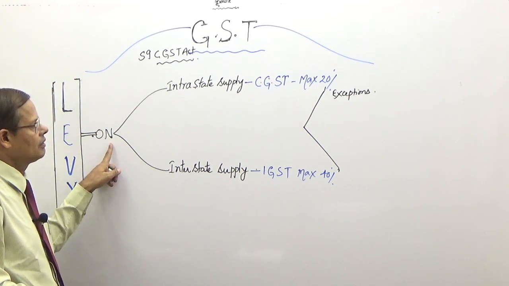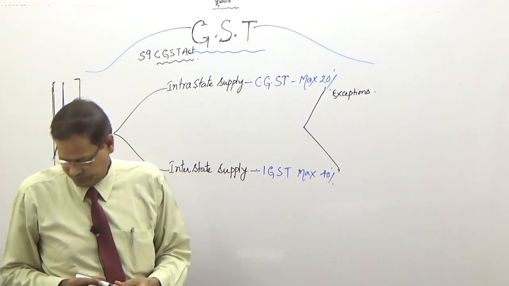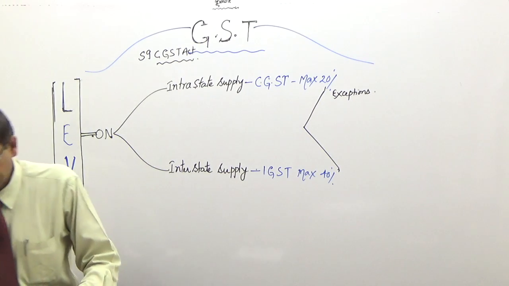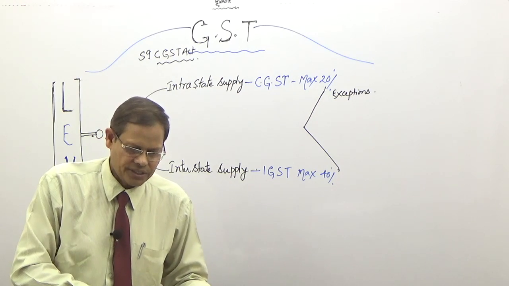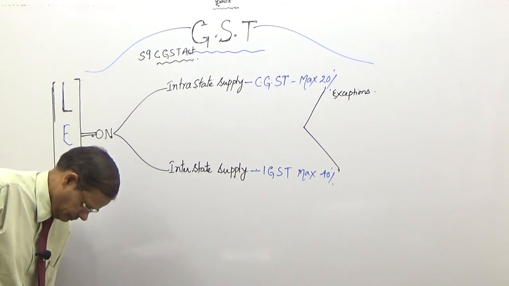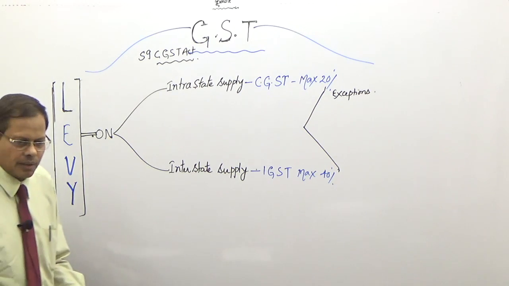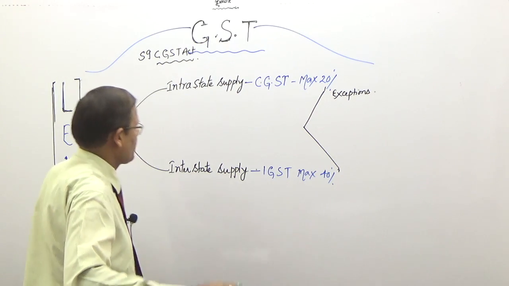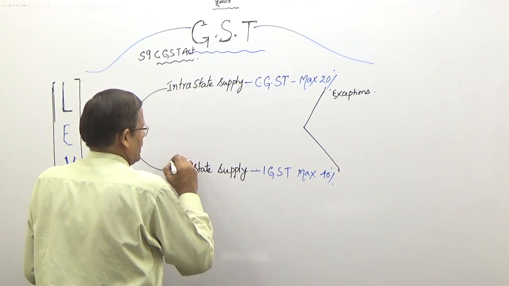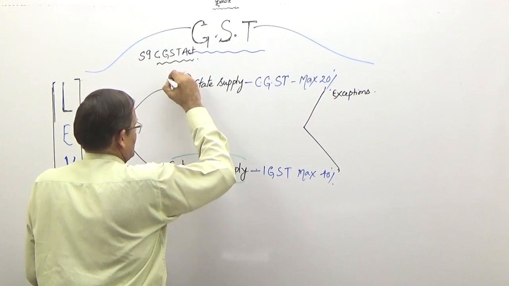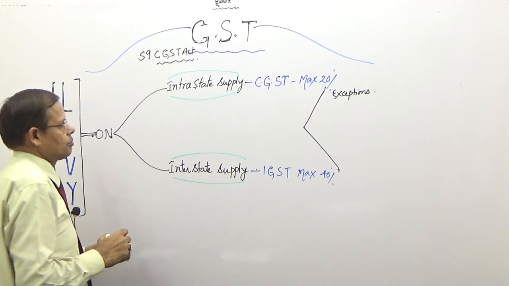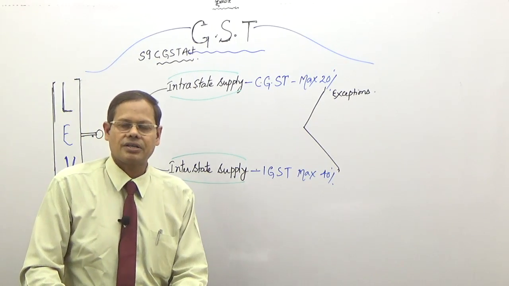Tax is charged on interstate supply, number 1, and number 2, intrastate supply. There are two kinds of supplies, interstate supply and intrastate supply.